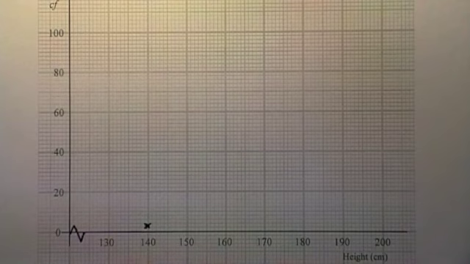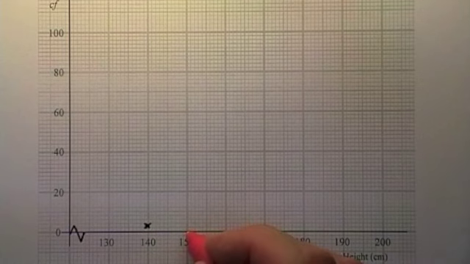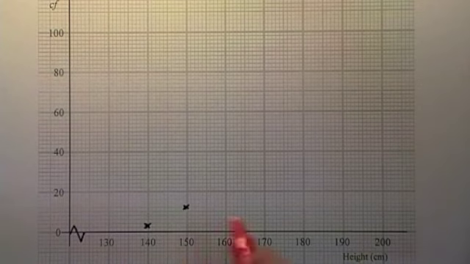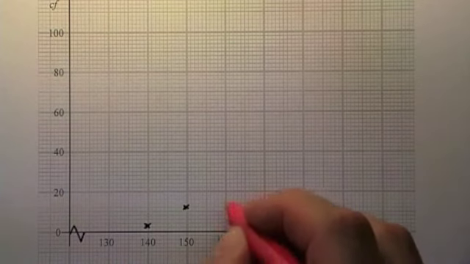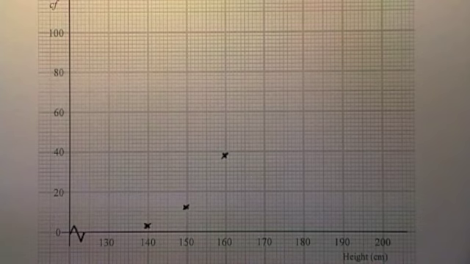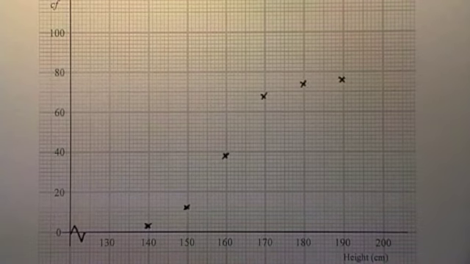My next coordinate is going to be 150 and 12, so with a height up to 150 I had a total of 12 students, so that's just there. My next boundary was 160. By the time I got to 160, the cumulative frequency was 38. I'm going to plot all these points all the way up to 190.